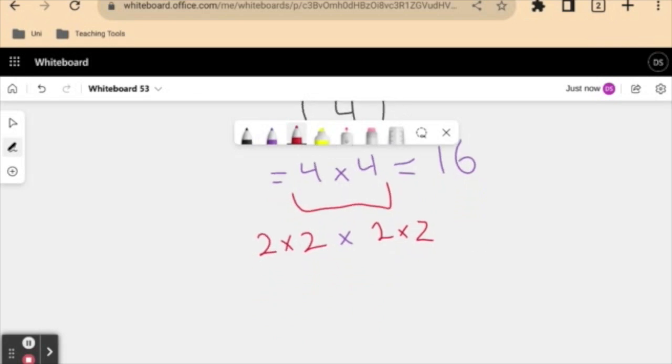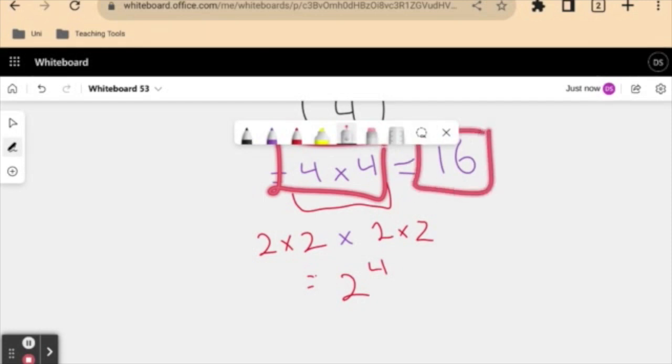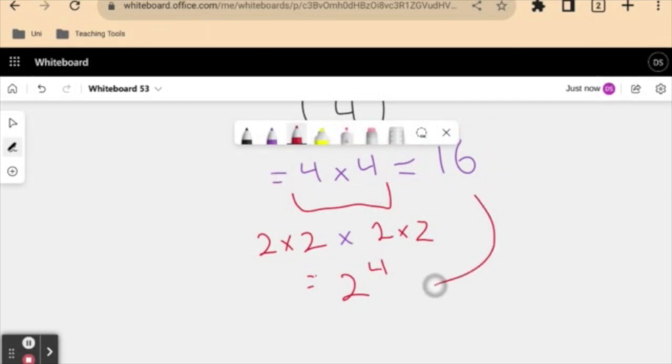All right, well, what do we have here? We have 4 2's all multiplying by themselves. And what we learnt in our previous couple of videos is we can express this in a shorthand way as just 2 to the power of 4. And because this is equal to 16, that means we can also write 16 as 2 to the power of 4.